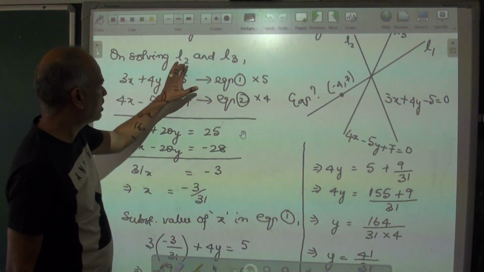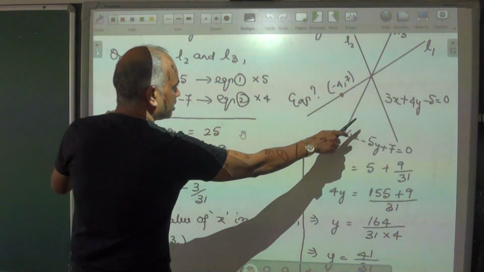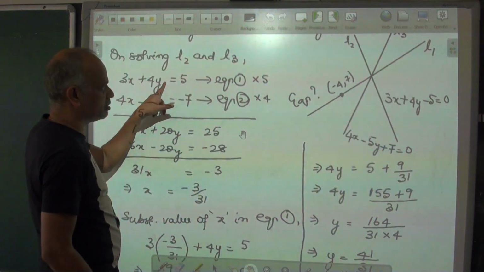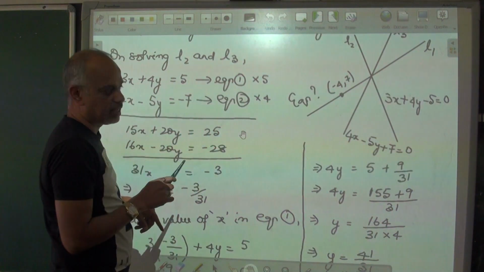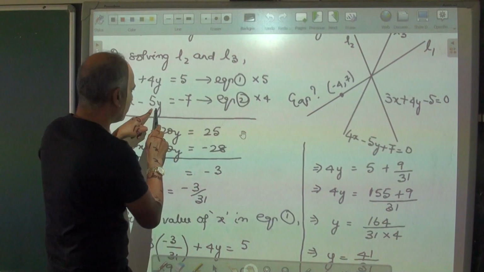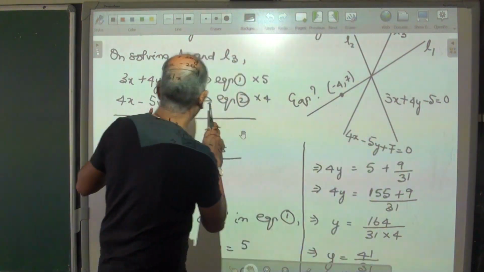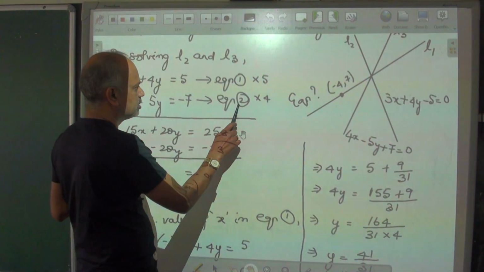On solving line 2 and line 3's equations: line 2's equation is 3x plus 4y minus 5, and shifting the 5 to the other side, it is equal to 5. The second one is 4x minus 5y plus 7, and the 7 goes to the other side, becoming minus 7. So this is equation 1, this is equation 2.